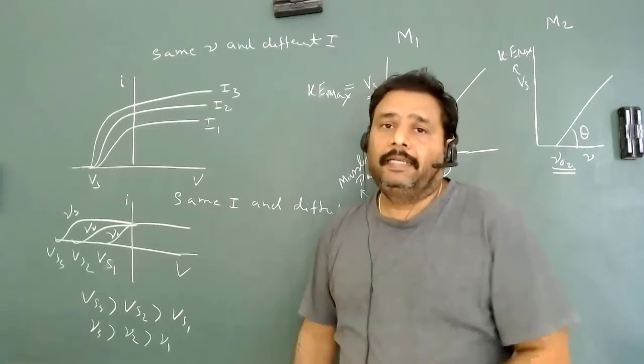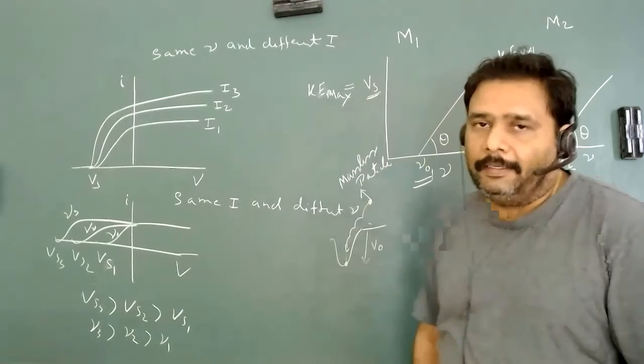But we will measure current only when the electron comes out of the valley.